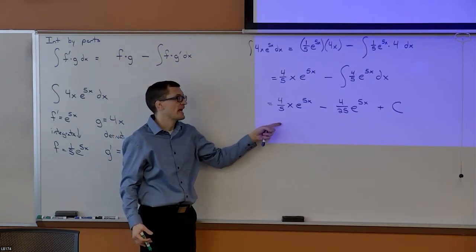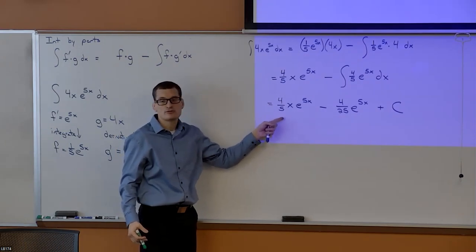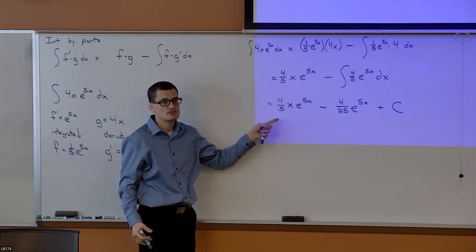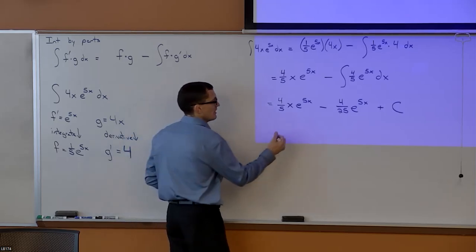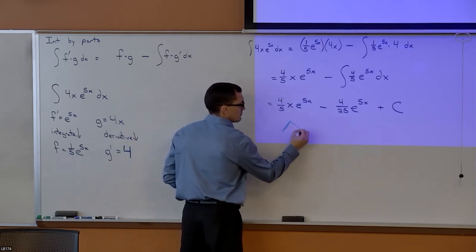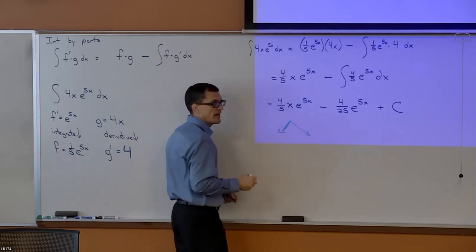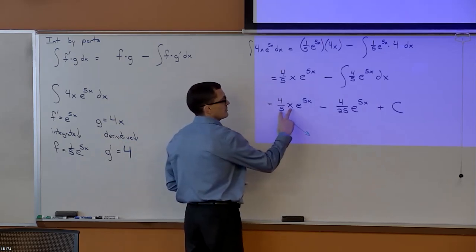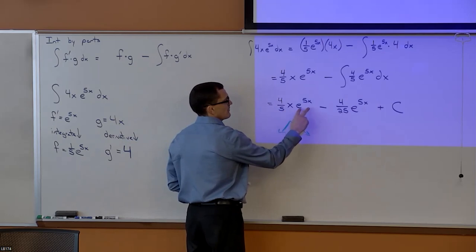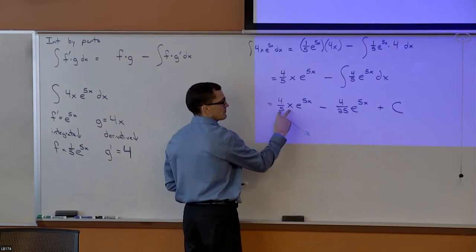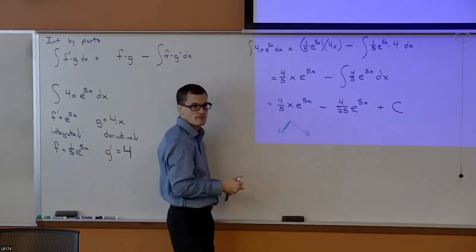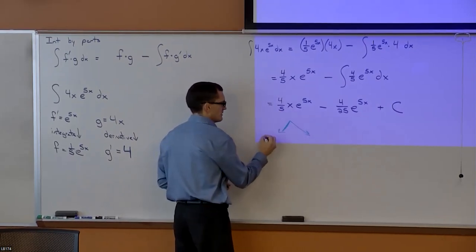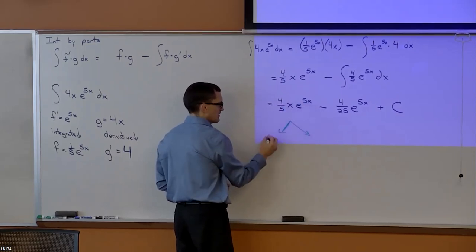And what's really happening is if you took a derivative of this, if you wanted to check your answer, this first piece, you'd have to apply a product rule on. So you take the derivative, well, actually, let's do it this way. The derivative of e to the 5x times normal 4/5 x would give you 5 times 4/5.